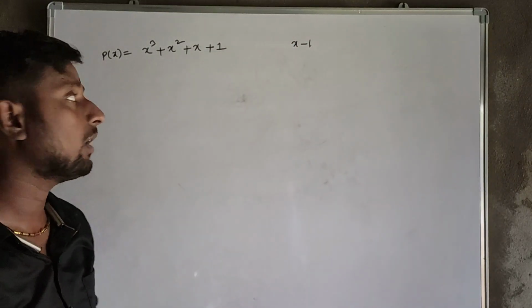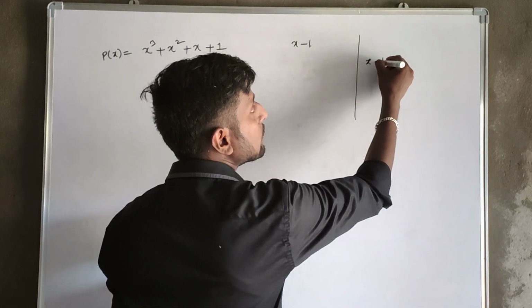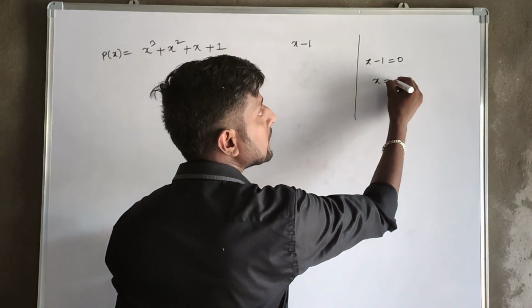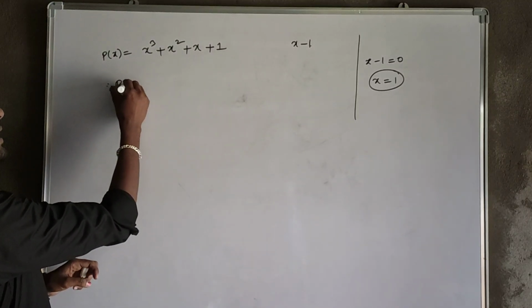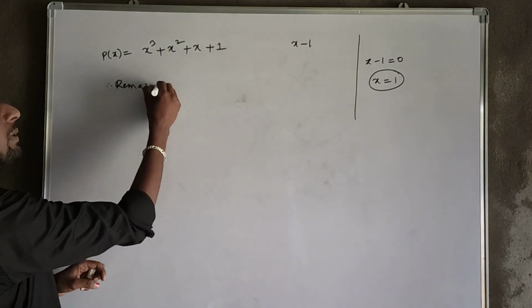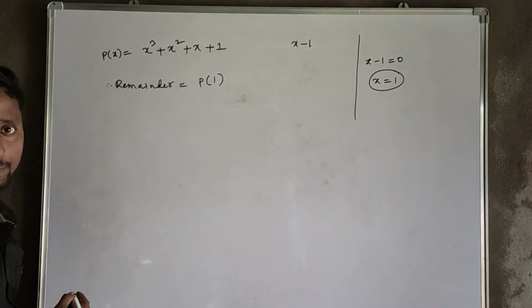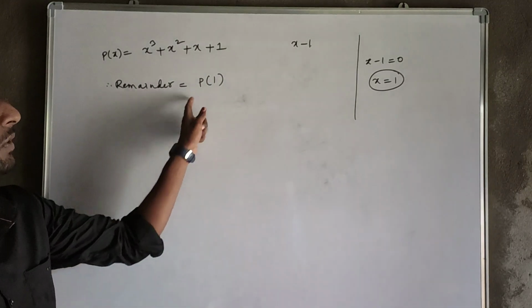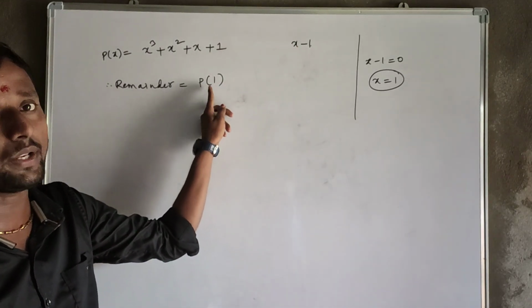On the rough side, I can write x minus 1 is equal to 0, x is equal to 1. Therefore, as per the remainder theorem, the remainder is equal to p of 1. Because x minus 1 is a divisor, that's why I am using p of 1.